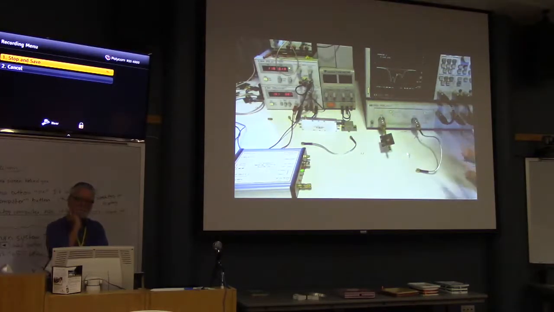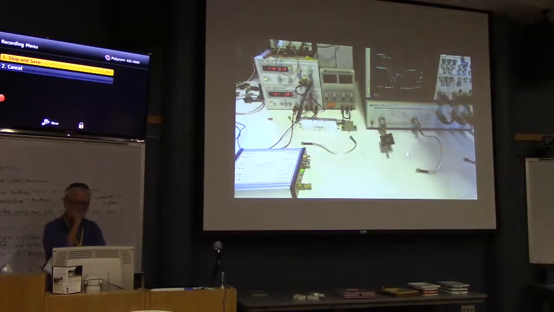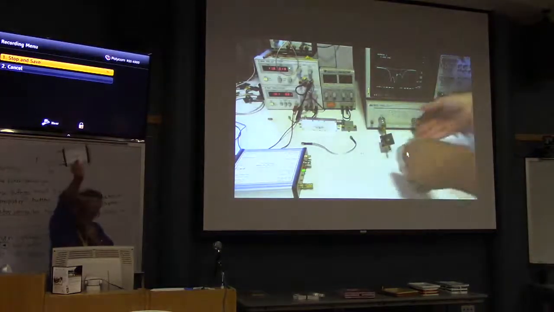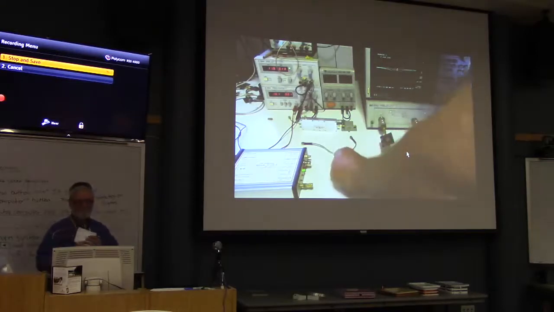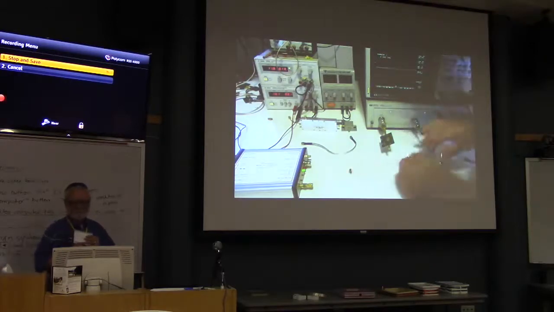I want to show you that I'm going to get the same measurement using the TPI 1001B. Also, what I'd like to do is measure the insertion loss of this device.